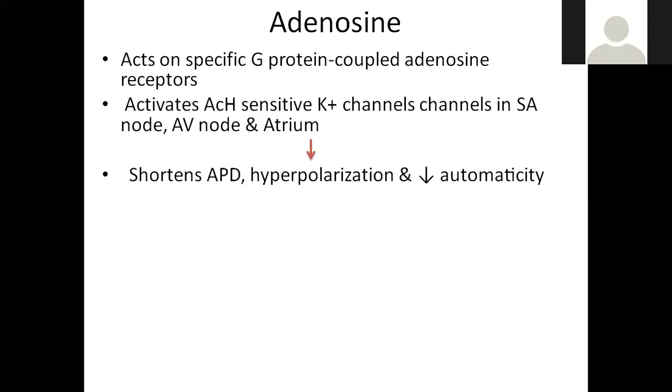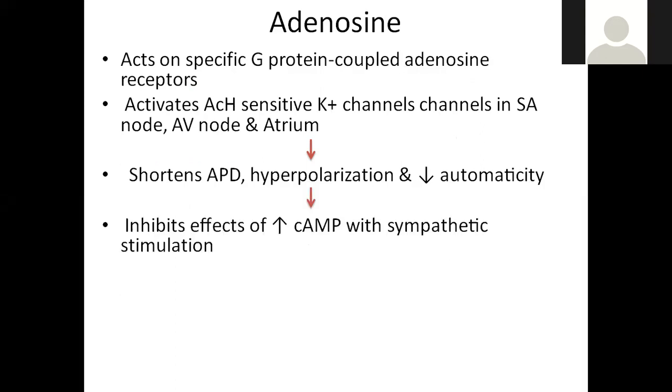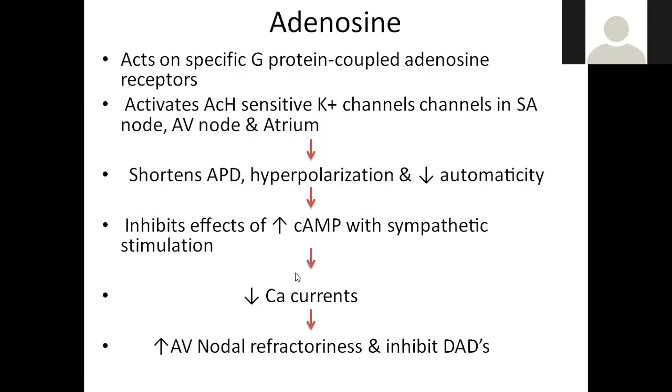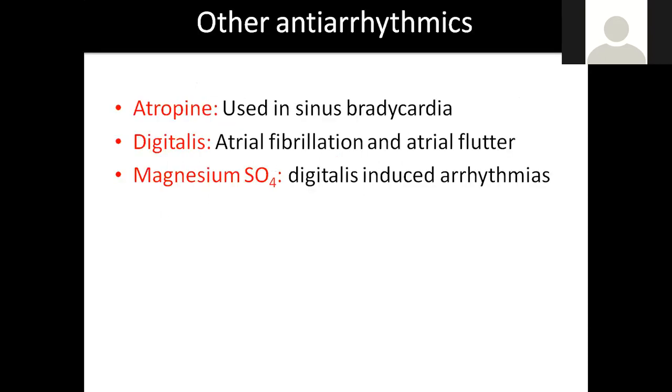This causes shortening of the action potential duration and hyperpolarization, which decreases automaticity. It also inhibits the effect of cyclic AMP with sympathetic stimulation, causing decreased calcium currents. You all know that if calcium currents are reduced, the drug will produce the antiarrhythmic effect, and there will be increased AV nodal refractoriness and inhibition of the duration of action potential.